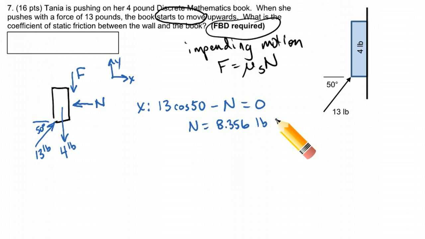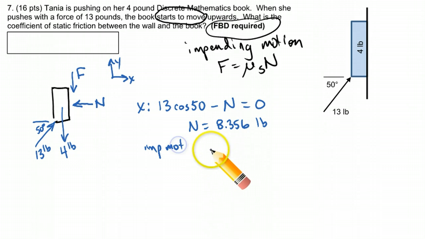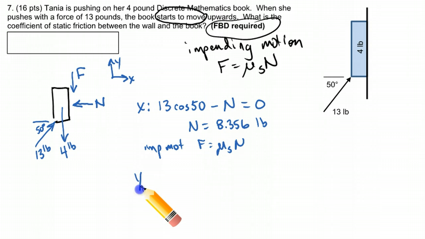We know we're at impending motion, so we can write our friction force is mu sub s times n, which I wrote above, and so that will come into play in our y equation.